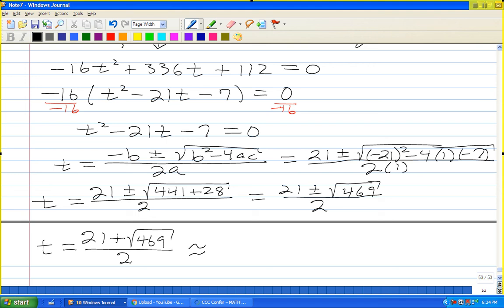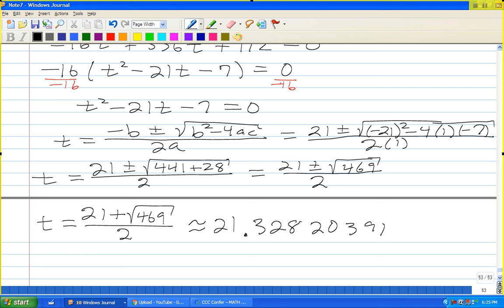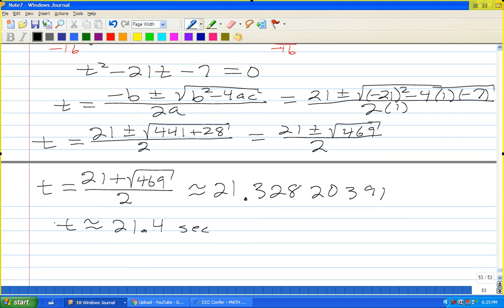It is 21.32820391, and they tell us to round to the nearest tenth of a second. So t is approximately 21.4 seconds.